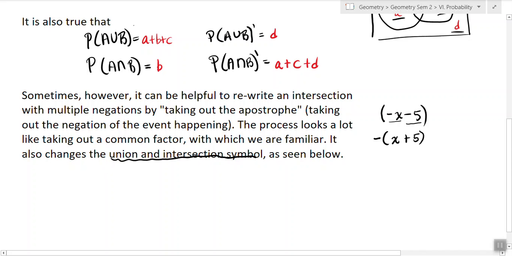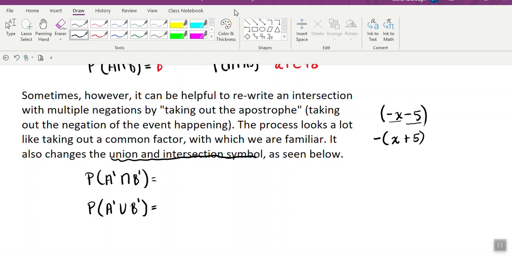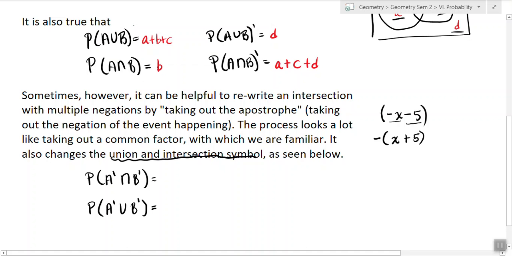Okay, so here are the two questions that I'm thinking of. If I were to have A prime intersected with B prime, or if I had A prime union with B prime. So in this case, I kind of have a double negative. And that means that there might be an easier way to write this.